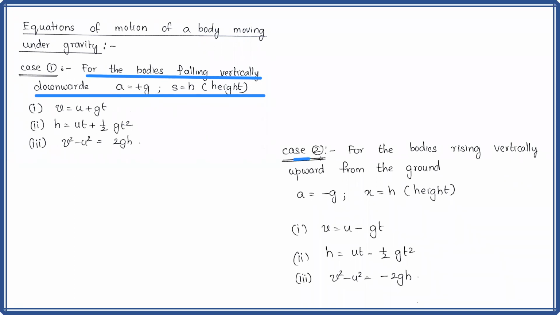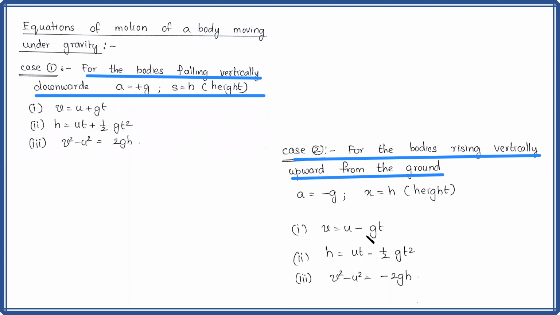Similarly, case 2, for bodies rising vertically upward from the ground, that is, throwing from the surface of the earth upwards. In that case, we take a is equal to minus g, x is equal to h, that is height.